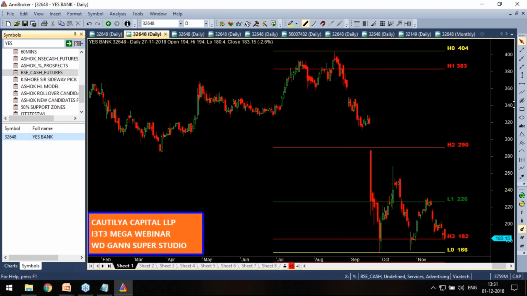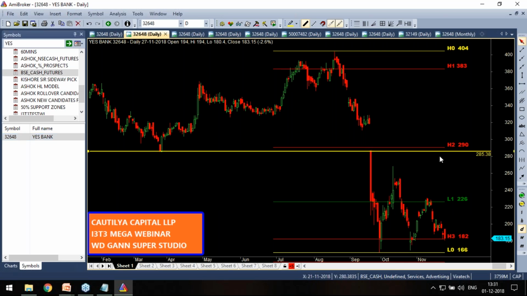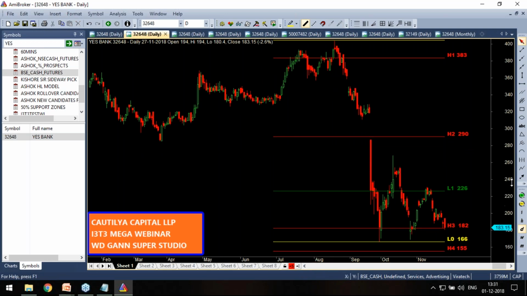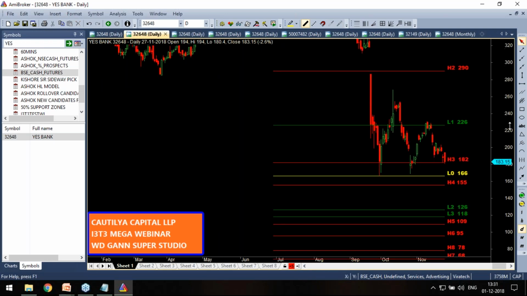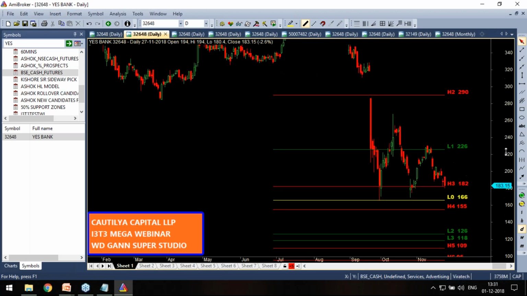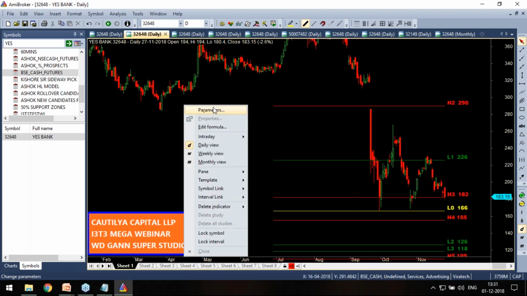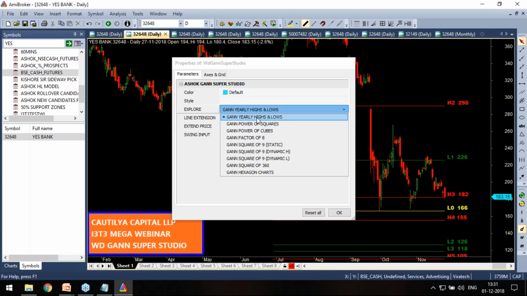Price exactly gapped down here, which is close to the high of 2 years ago. What is there below? No conjunctions anywhere. Let me see the GANN.